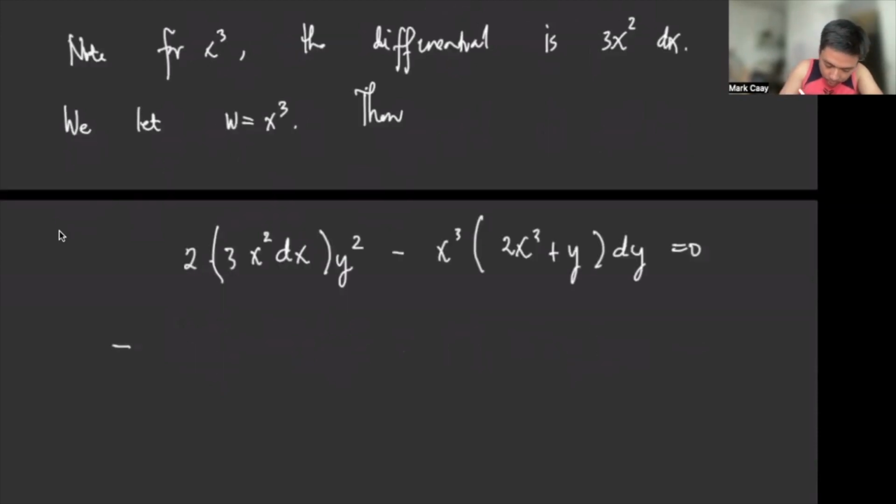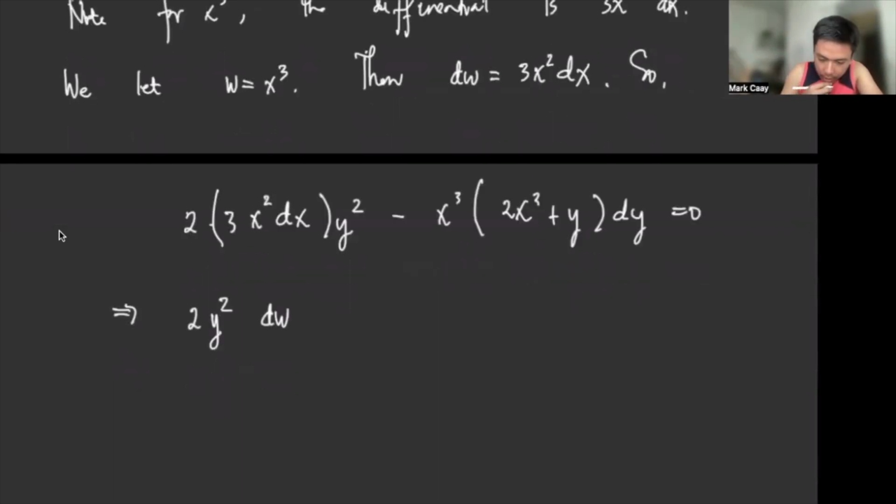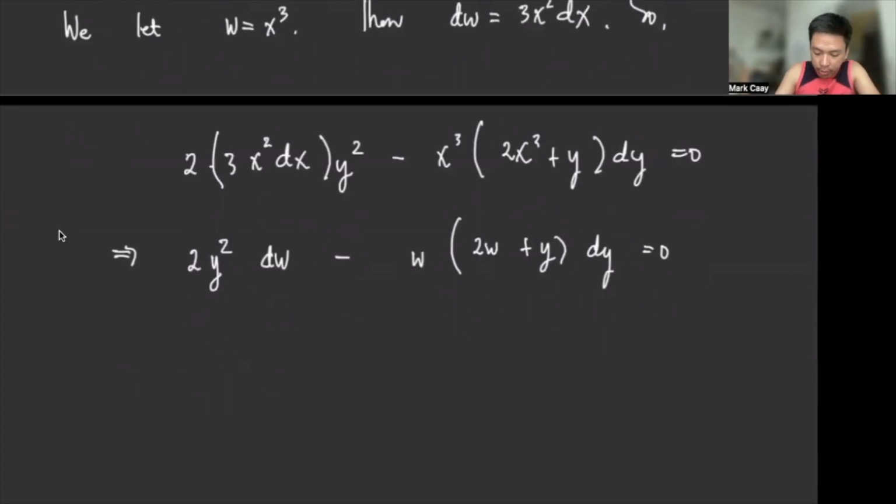And so, I have 2y squared dw. Kasi, the dw is equal to 3x squared dx. Tama ba? Ang mangyayari, this is minus w times 2w plus y dy equals 0. Okay, so this is now a homogeneous equation of degree 2.